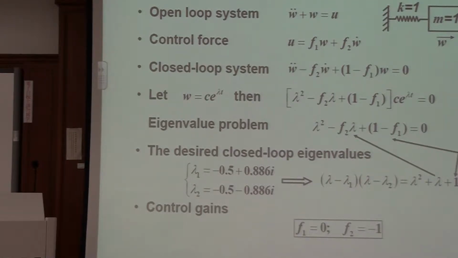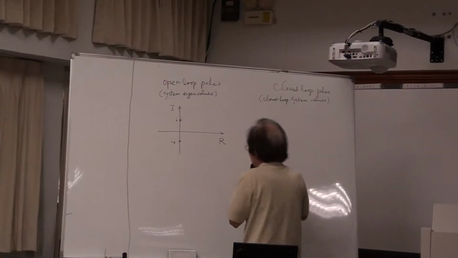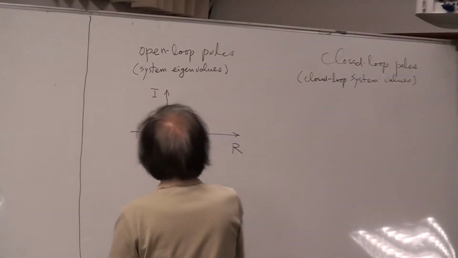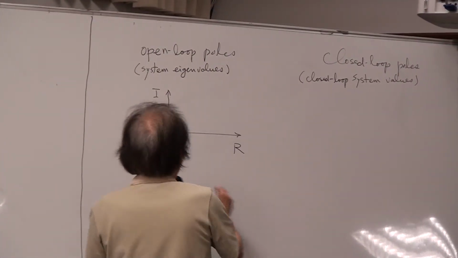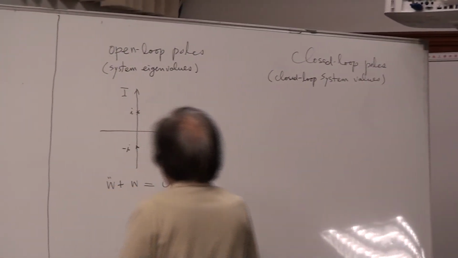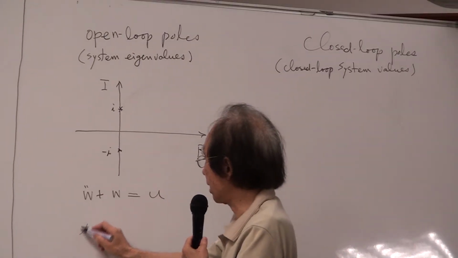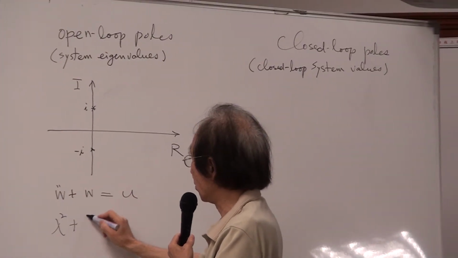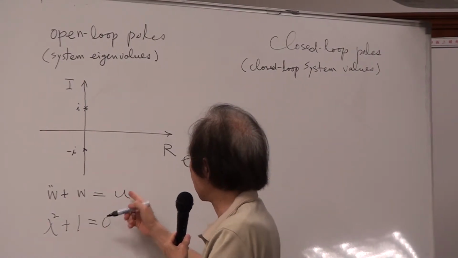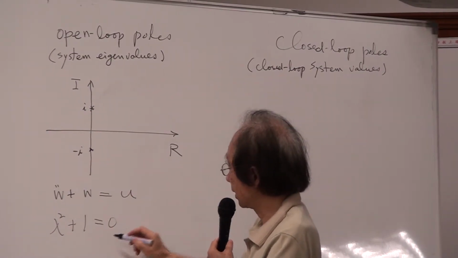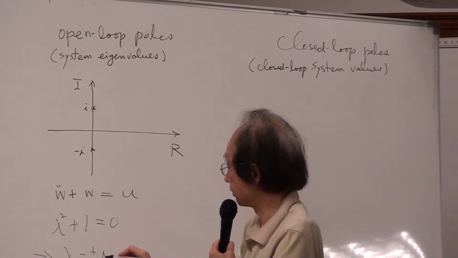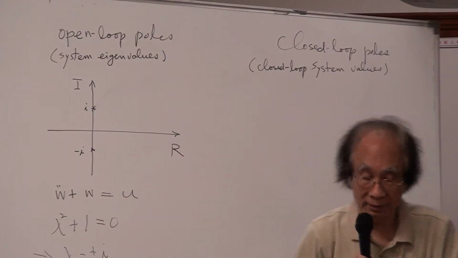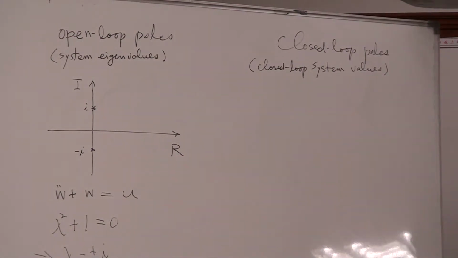So that's my pole, and that is my eigenvalue too. If I write the eigenvalue, lambda squared plus 1 equal to 0, that's my pole. If I put this equal to 0, that implies lambda equals plus or minus i. Okay, that's my open loop pole.